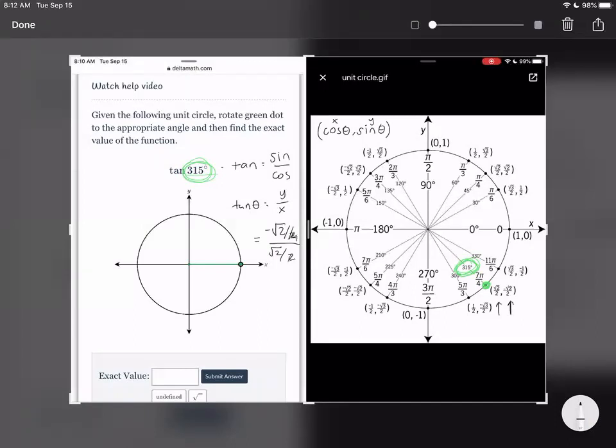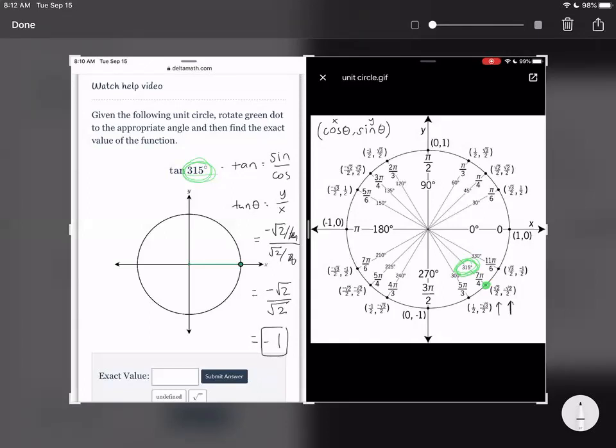Essentially, what we just did is multiply the top and bottom by 2, which got rid of the over 2s. That leaves us with negative root 2 over root 2. And then, since they're both root 2s, this will just give us negative 1. So tangent of 315 degrees is negative 1.